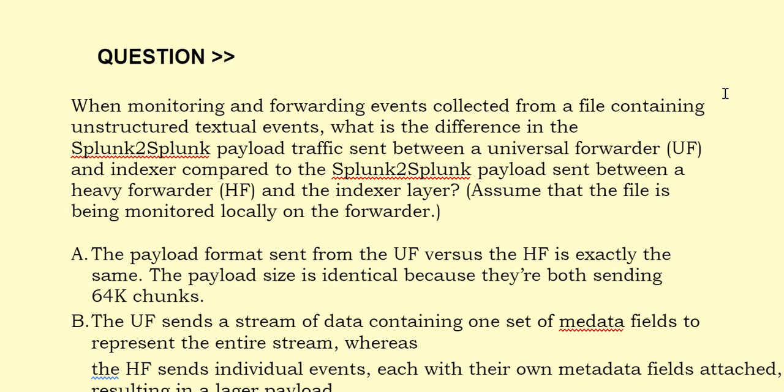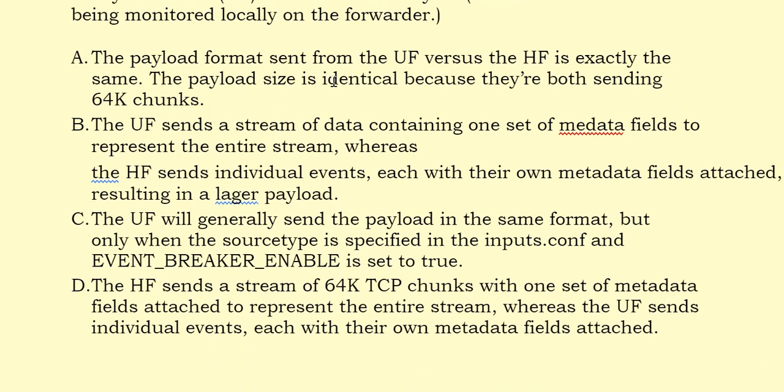Assume that the file is being monitored locally on the forwarder. Option A, the payload format sent from the UF versus the HF is exactly the same. The payload size is identical because they are both sending 64K chunks.